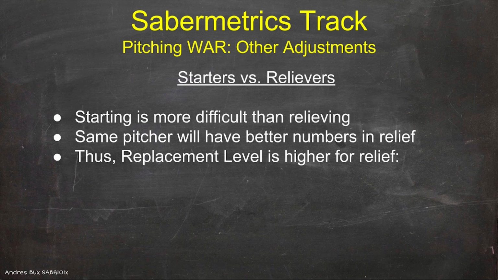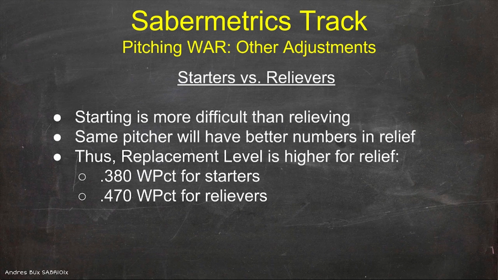So, the replacement level for a reliever is actually higher than the replacement level for the starter. Starter replacement level is lower because it's a harder job. Because relief pitchers have higher numbers, they've got a higher replacement level.